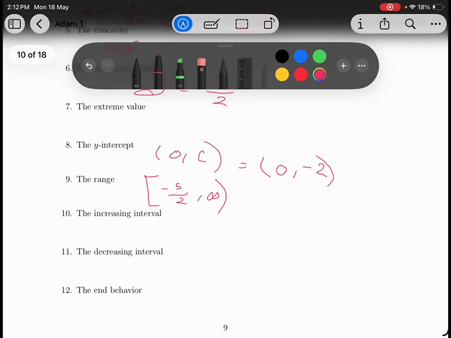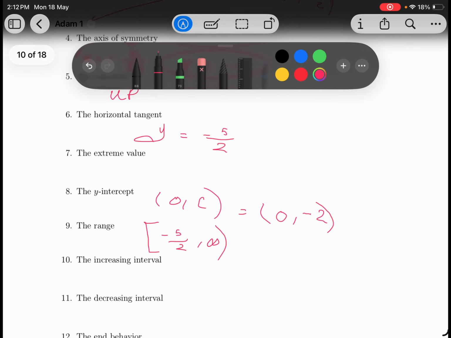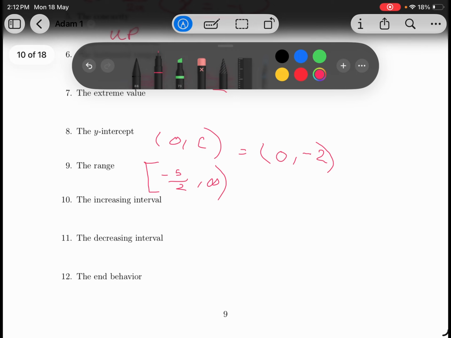And here the increasing interval. Yes, look at this parabola. It's increasing over this part here. This part is increasing. Not from minus 5 over 2, but from minus 1 till infinity. So from minus 1 up to infinity, this function is increasing. And from minus infinity till that minus 1, this function is decreasing.